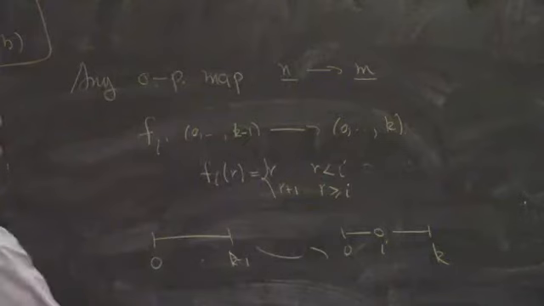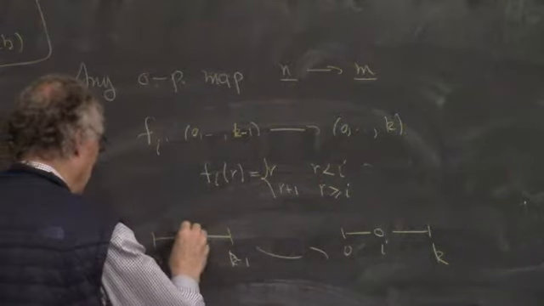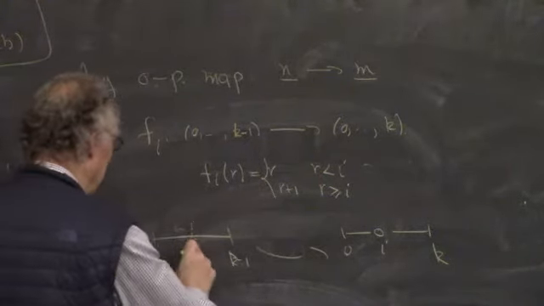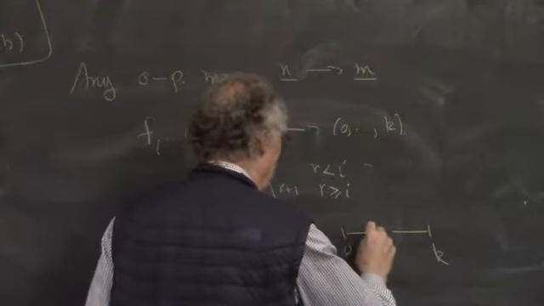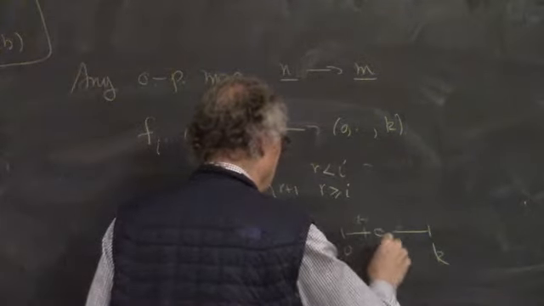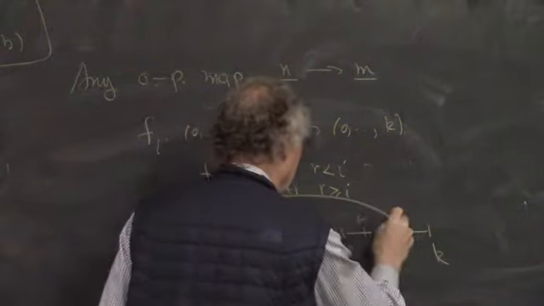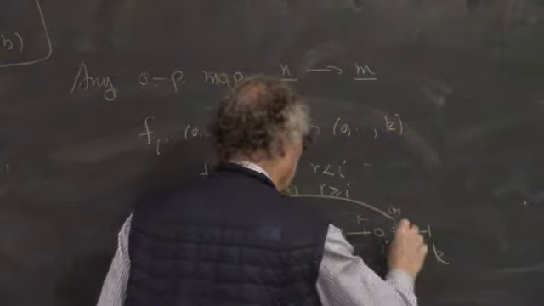So it skips I minus 1, I. These are successive here, I minus 1 goes here, and I maps to I plus 1.